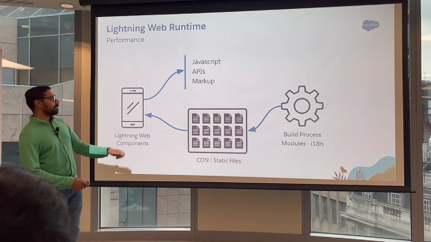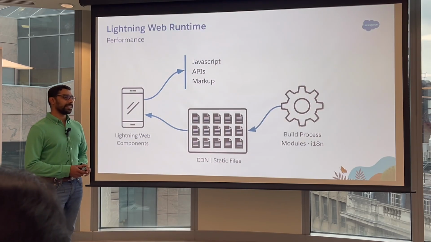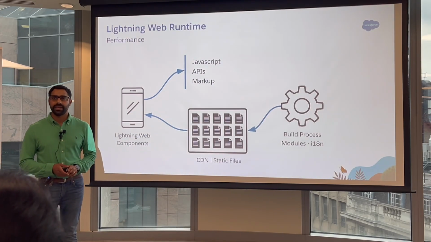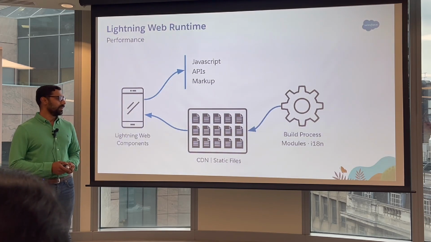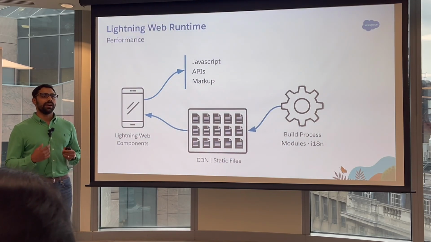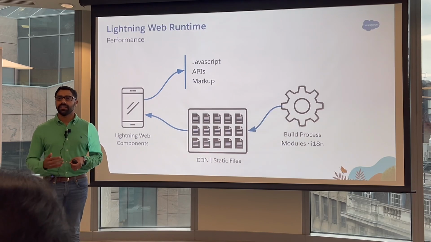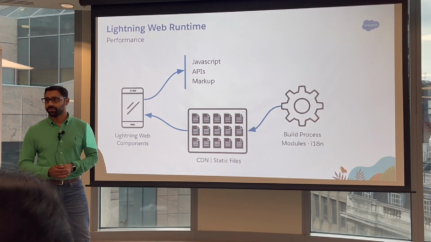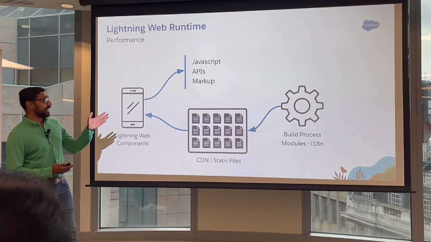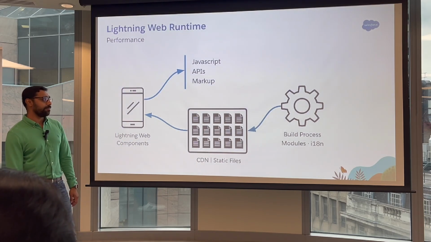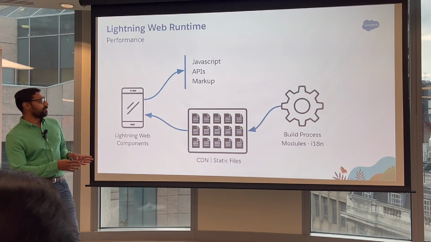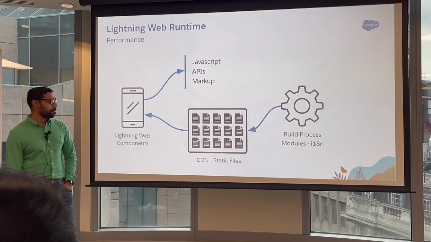And like I said, the Jamstack model. Jamstack is an architectural pattern that makes use of higher scale and better performance for the end users. Jamstack stands for JavaScript, API, and markup. So this LWR framework is in line with the Jamstack pattern.